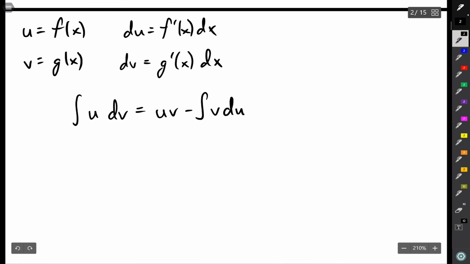Now this often makes life easier, just notationally, because what we're saying here is we want to look at our starting integral, which is this side, and we want to break it into a u and a dv. Since there's some choice there, the question is, how do we pick u and how do we pick dv?